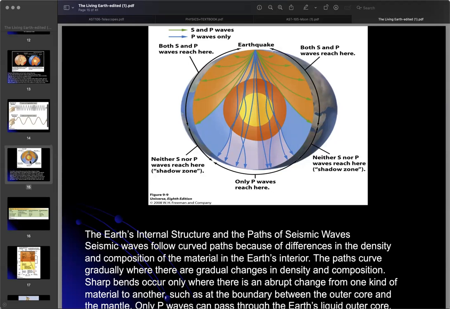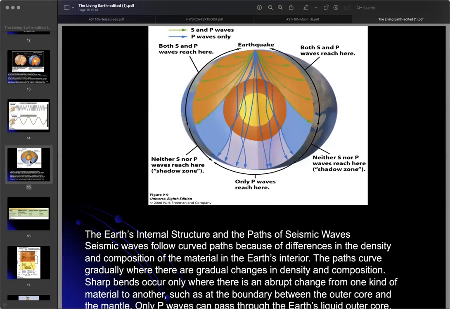And by detecting these, we have been able to understand the internal structure of the Earth. This acts like ultrasound works on the human body.